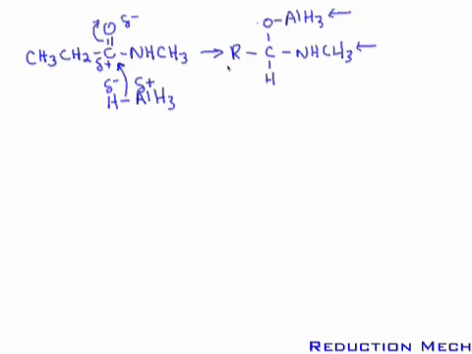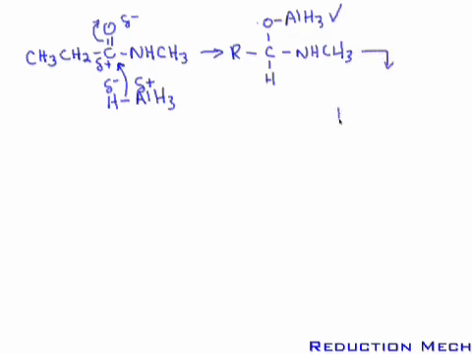Certainly R minus will not leave, H minus won't. So once you get to this situation, you only have two choices. The weaker the base, the better the leaving group. It turns out that NHCH3 minus is a pretty powerful base, more powerful than the aluminum oxide. And hence, what leaves is the OAlH3. It's the better leaving group.